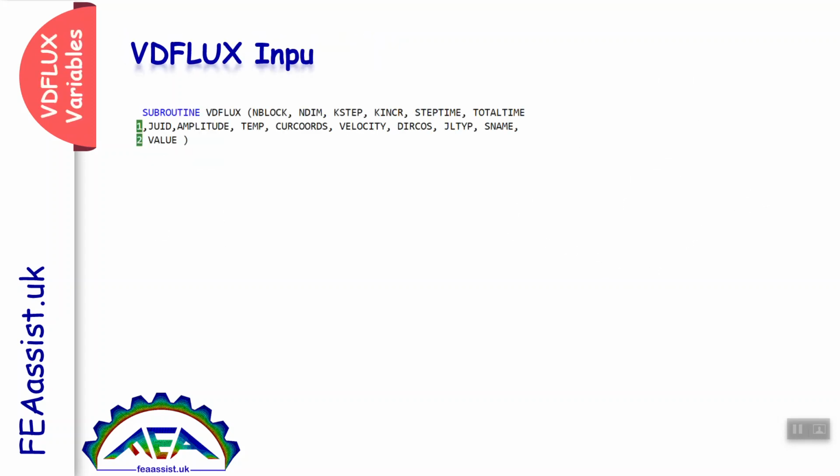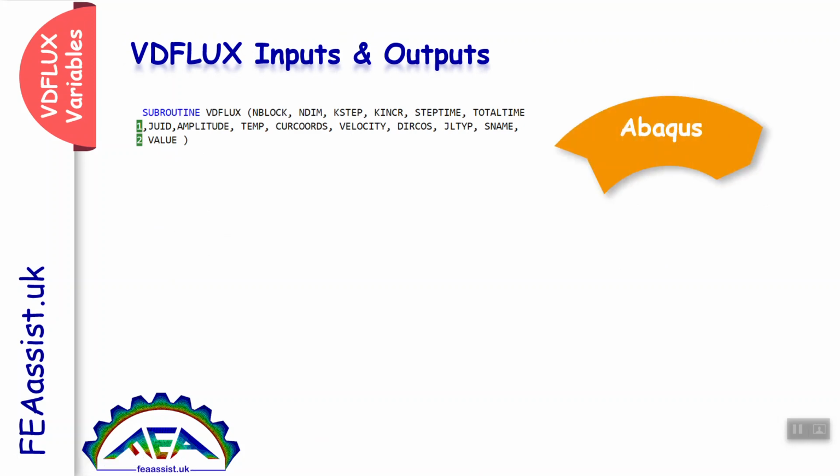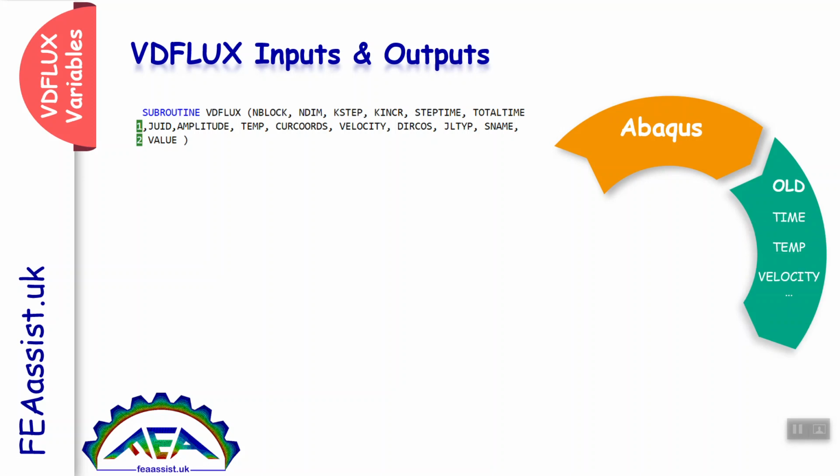VDflux variables. VDflux has some inputs coming from Abaqus. We need to process them and export the value as an output to Abaqus. In other words, Abaqus computes some variables like temperature, velocity and time, and these variables are transferred from Abaqus to VDflux.